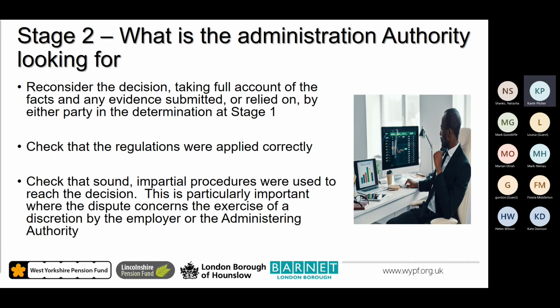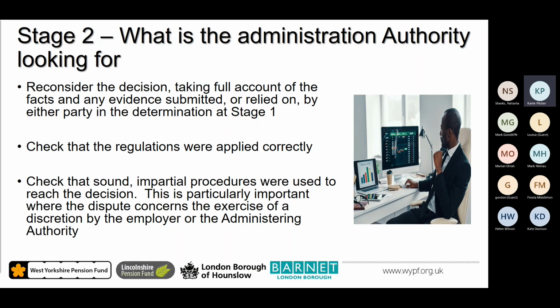At stage 2, the admin authority will reconsider the decision, taking account of all the facts and evidence that was submitted or relied on by either party, and will make sure that the decision is the correct one.